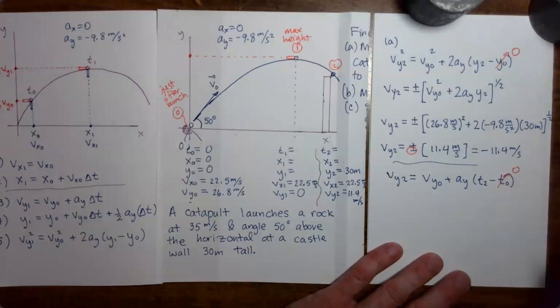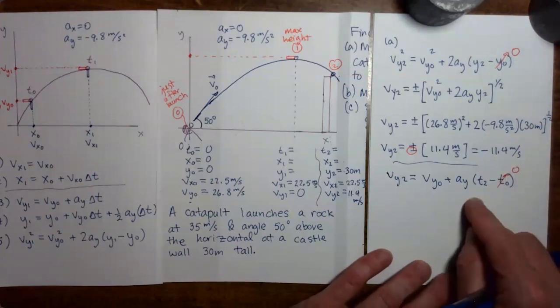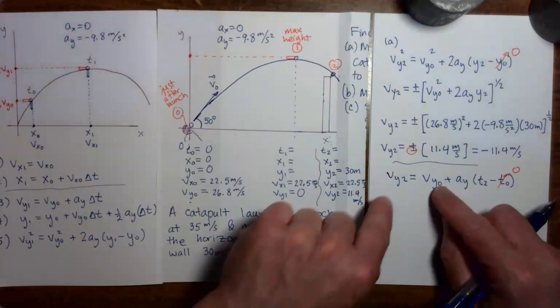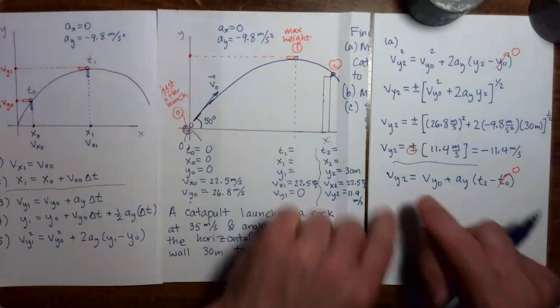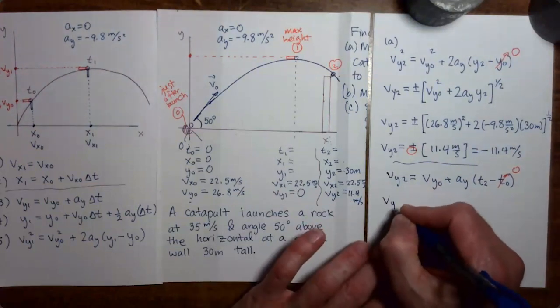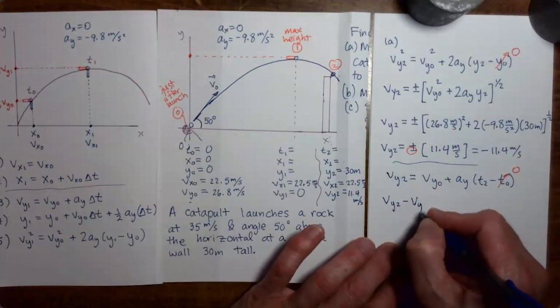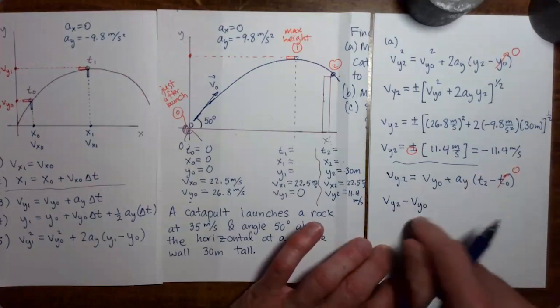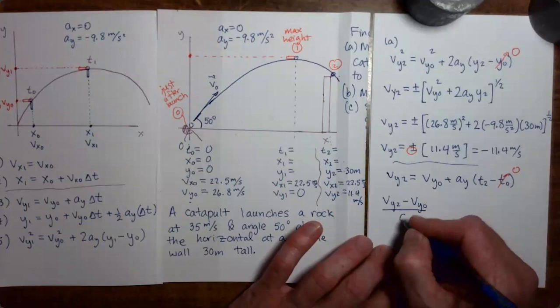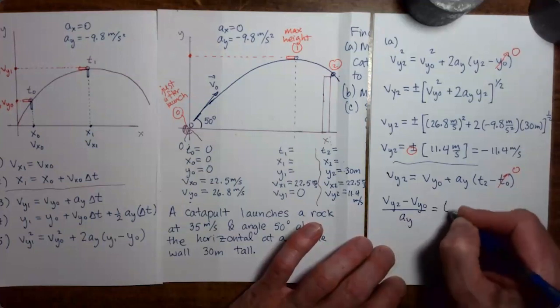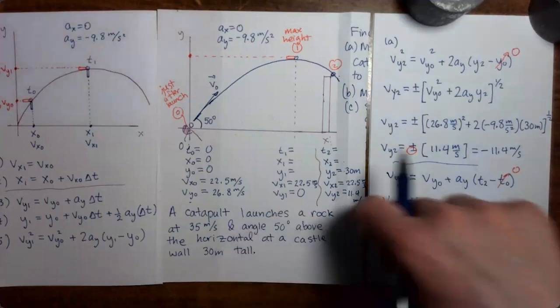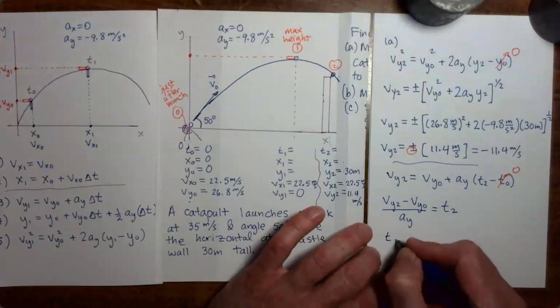T0 is 0. So let's isolate the T2. Take Vy0, move it to the left where it picks up a minus sign. Bring ay down into the denominator.